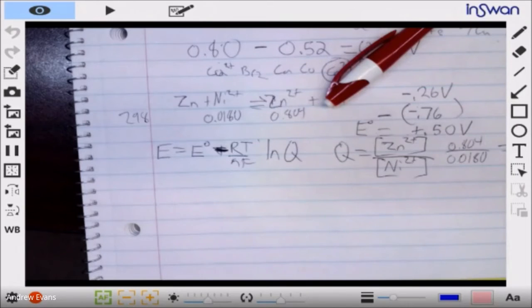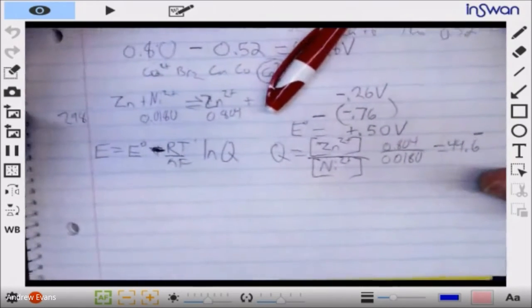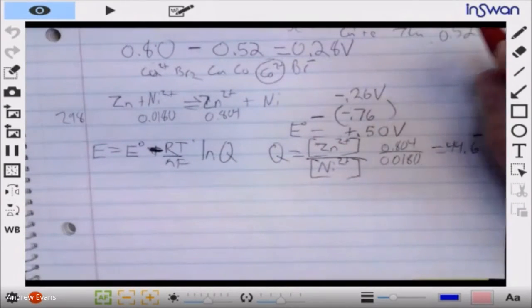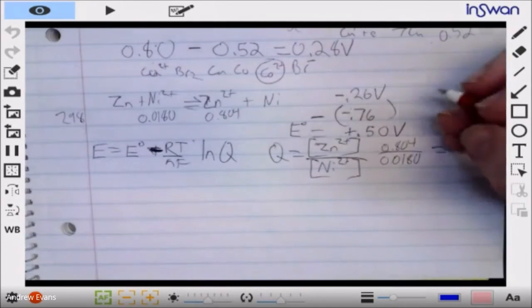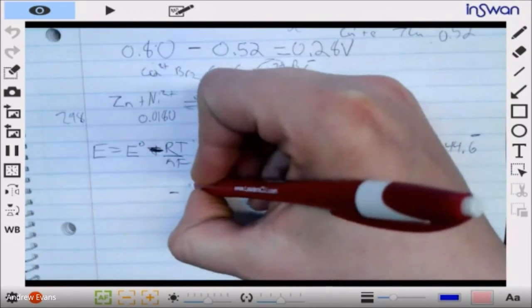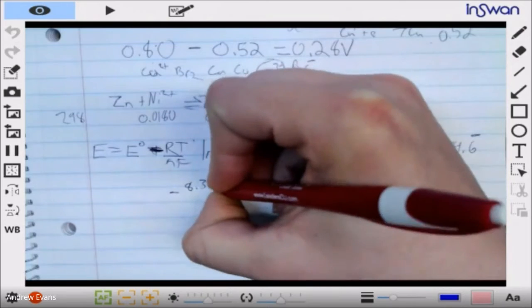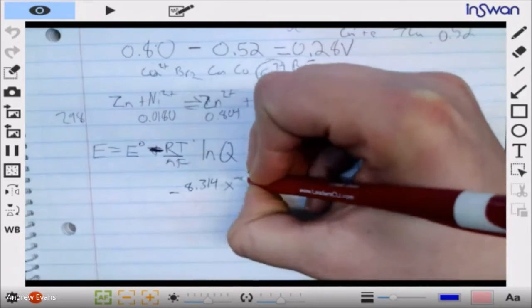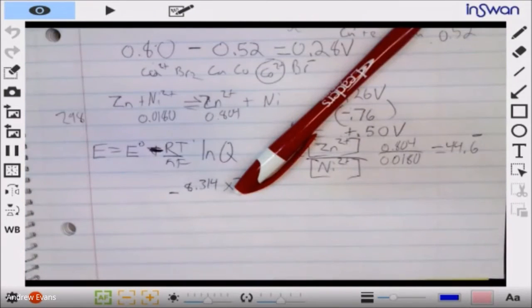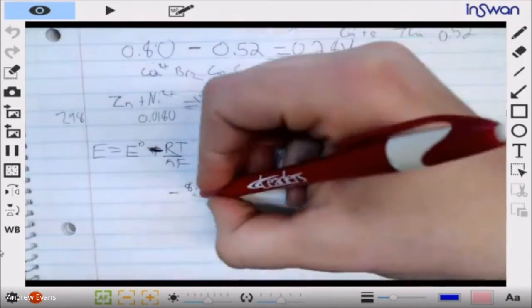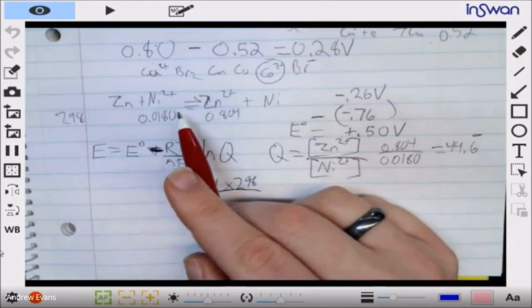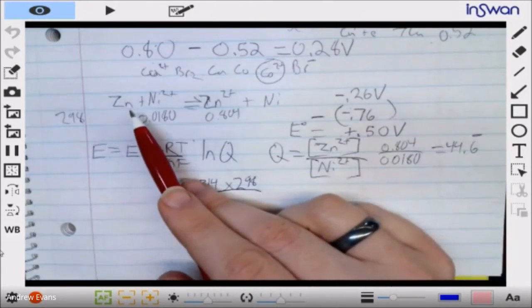So I'm just trying to do this systematically so you can see where all these numbers are coming from. So our negative RT, so negative 8.314 times our temperature, 298, over N. So this is the only tricky part. N is the number of electrons transferred.